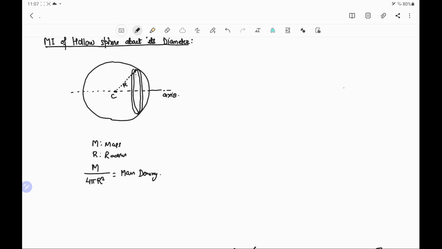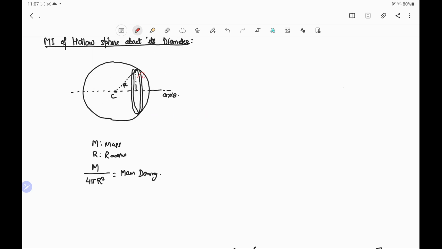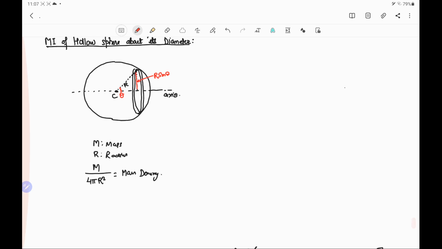We can find very easily the radius of the ring, because considering this angle is theta, we can say this length, the radius of the ring, is r sine theta. Sine theta is perpendicular by hypotenuse. Perpendicular is this radius, hypotenuse is r, so it is r sine theta.